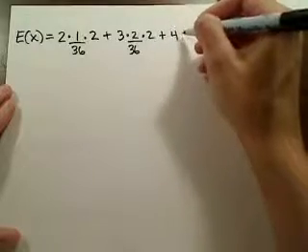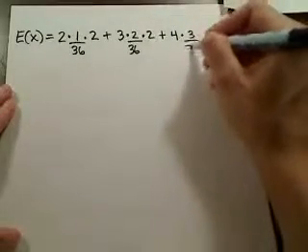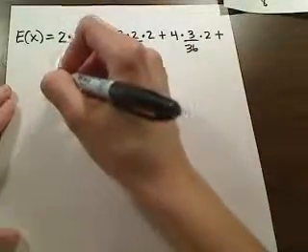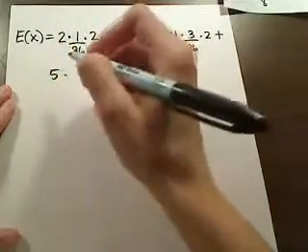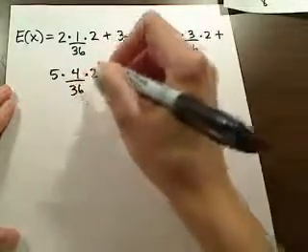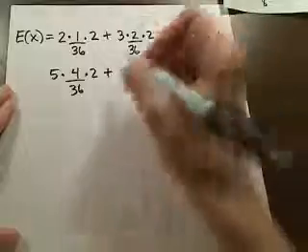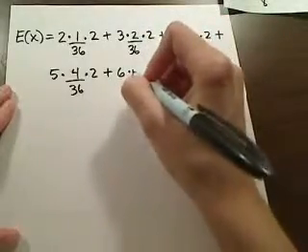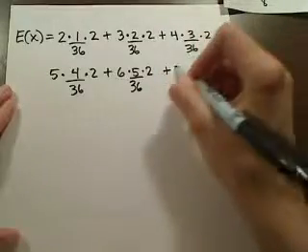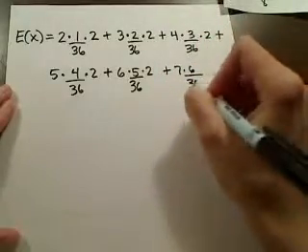And then the outcome of 4 has a probability of 3 out of 36 times 2. The outcome of 5 has a probability of 4 out of 36 times 2. The outcome of 6 is 5 out of 36 times 2. And 7 is 6 out of 36 times 2.